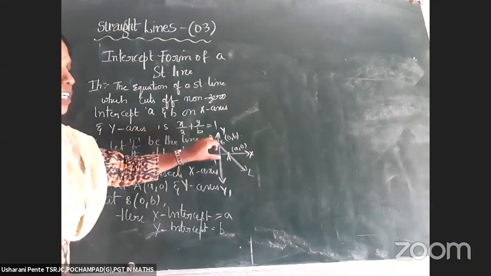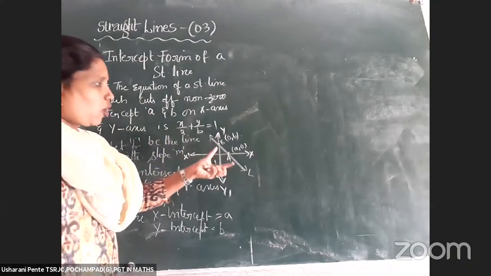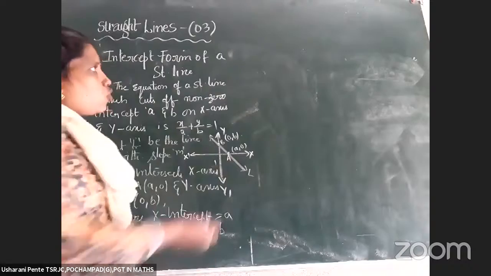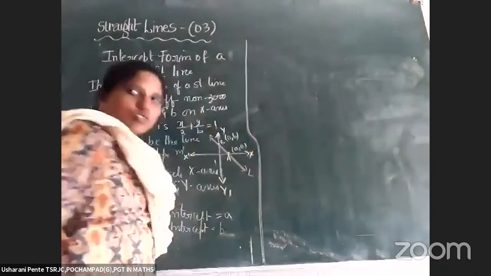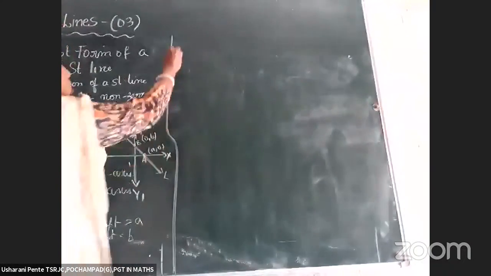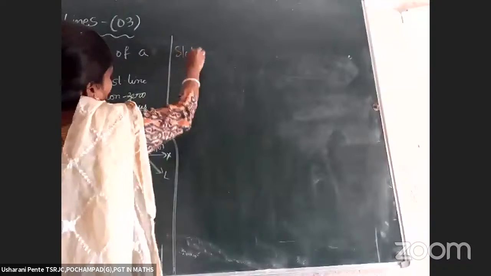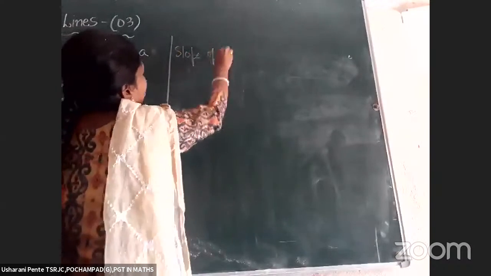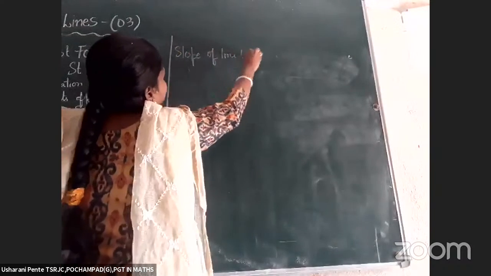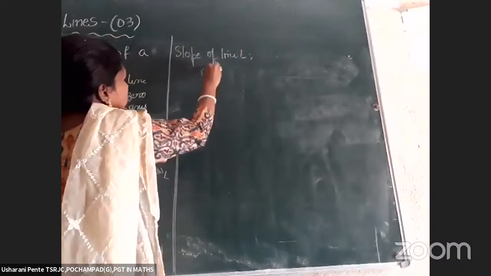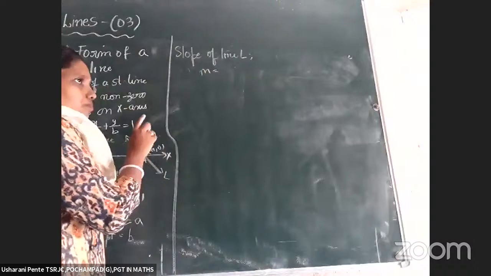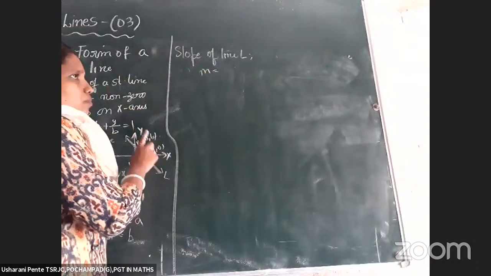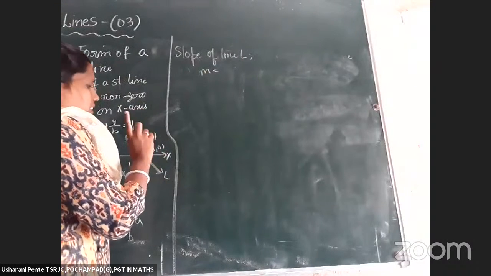So we are finding what? As we have two points on the line, what is the slope of the line L? m is equal to (y1 minus y2) by (x1 minus x2).